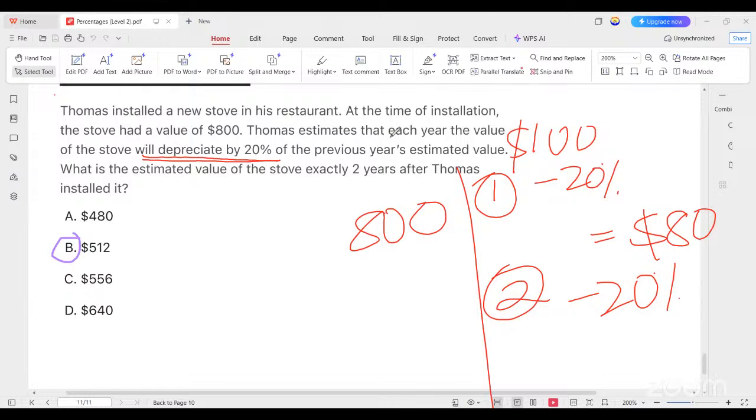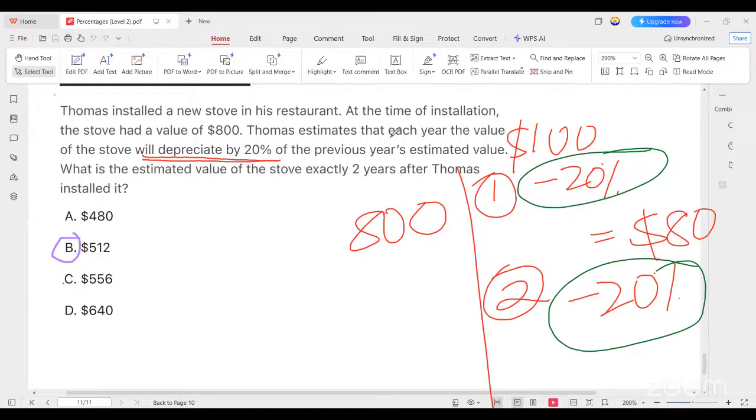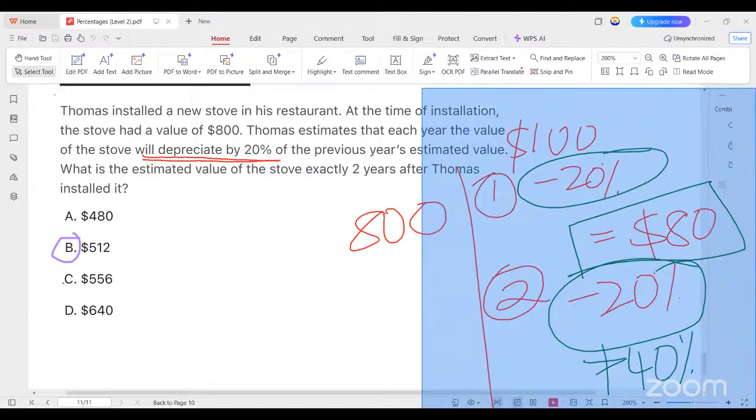Are you getting my point? A 20% discount and again a 20% discount is not 40%. Got it? Because the second time you give the discount only on 80, not on 100. So this is not 40%.